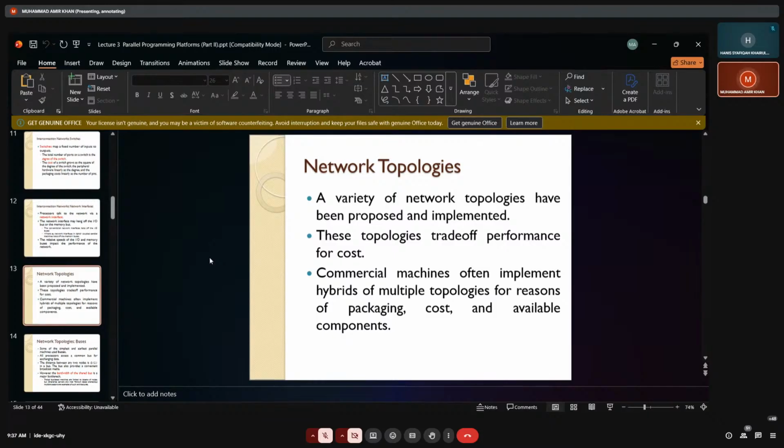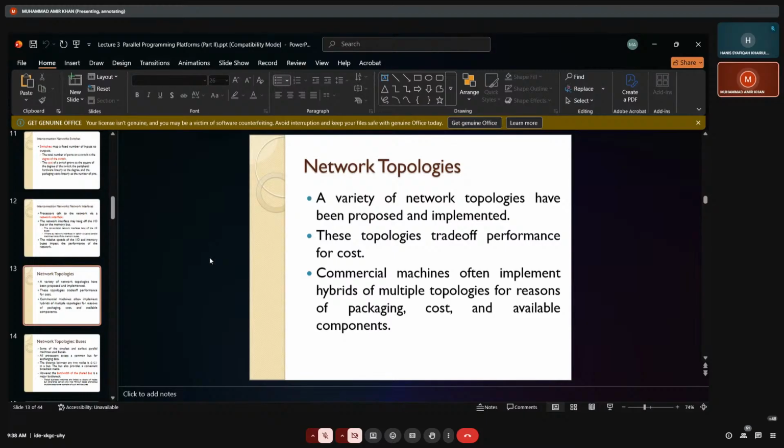Now, network topologies: the way in which systems are interconnected to each other. The physical architecture is called topology. A variety of network topologies have been proposed and implemented. These topologies trade off performance for cost, like star, ring, bus, mesh, hybrid, crossbar, omega switch.